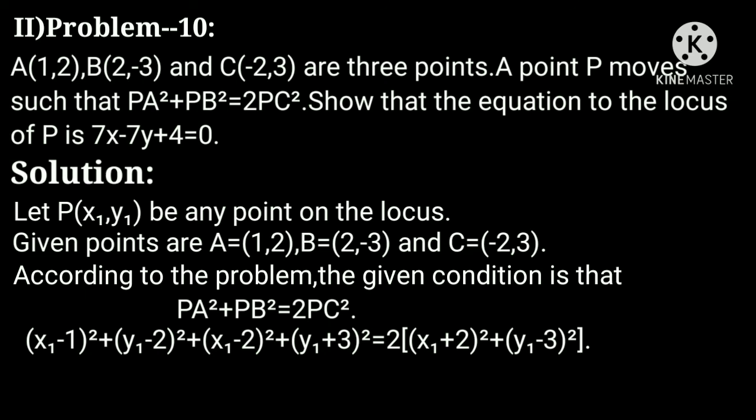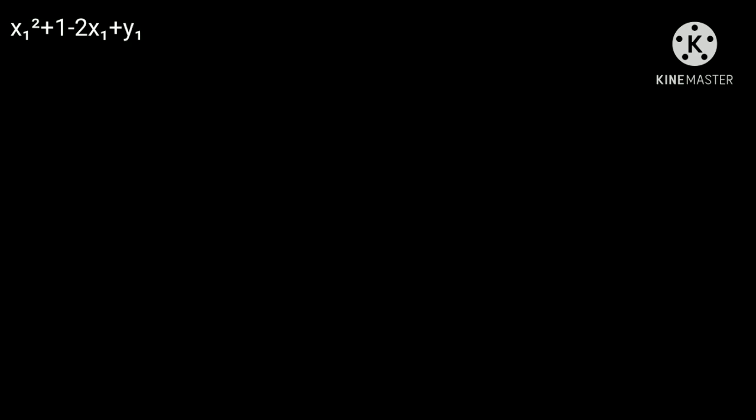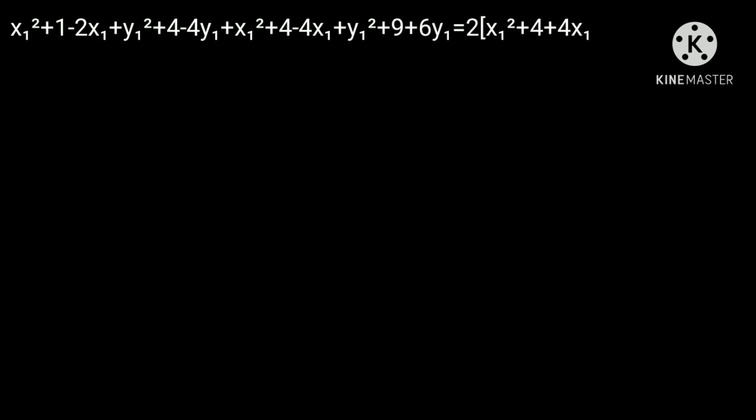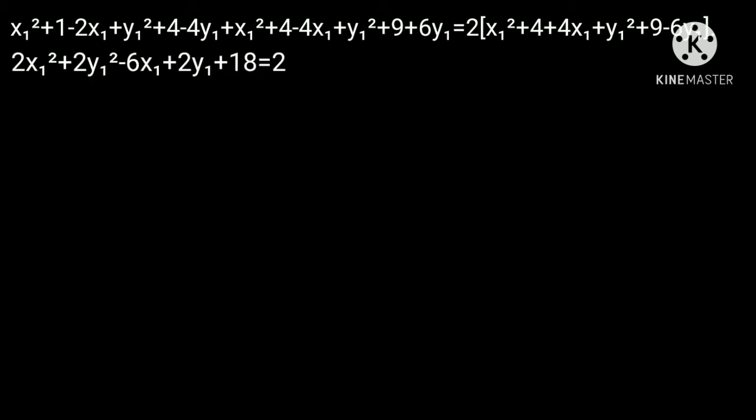After expanding the above equation, we have x1² + 1 - 2x1 + y1² + 4 - 4y1 + x1² + 4 - 4x1 + y1² + 9 + 6y1 = 2 into x1² + 4 + 4x1 + y1² + 9 - 6y1. After simplification, we have 2x1² + 2y1² - 6x1 + 2y1 + 18 = 2x1² + 8 + 8x1 + 2y1² + 18 - 12y1.